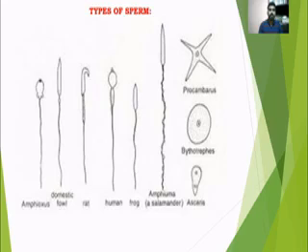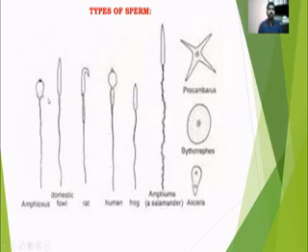In the previous slide we observed the human sperm, but you can see here a number of sperms are present, having different structures. When we look at the head portion, it is also different. We look at this amphioxus sperm, then the domestic fowl, then this rat, compared with this human and this frog.